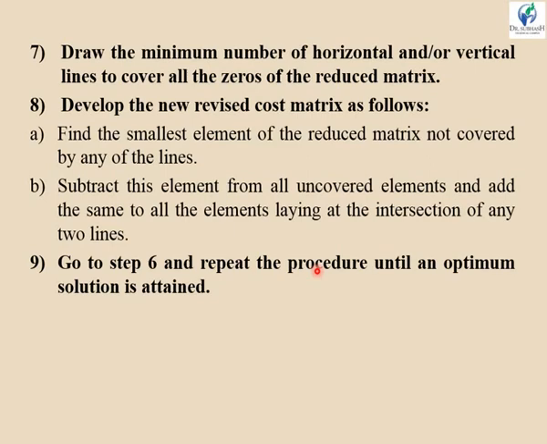One thing you must keep in mind: to obtain the optimal solution you should have an assigned zero in each and every row and each and every column. There should be one assignment in each row and in each column. Then and only then will you get the optimal solution to the given assignment problem.